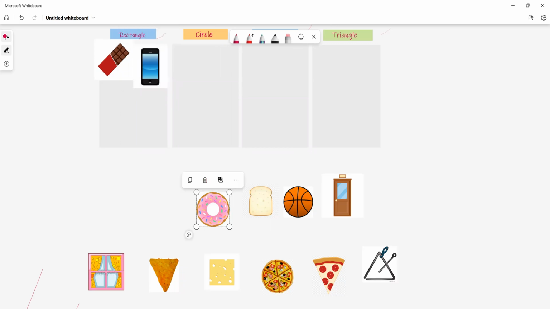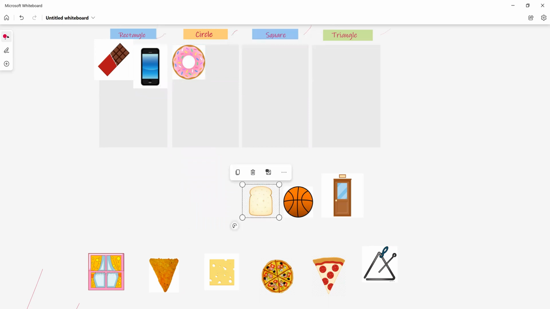How about this delicious looking sprinkled donut? A circle, shaped like a circle. How about this slice of bread? It's shaped as a square. And our basketball, as a circle, yeah.